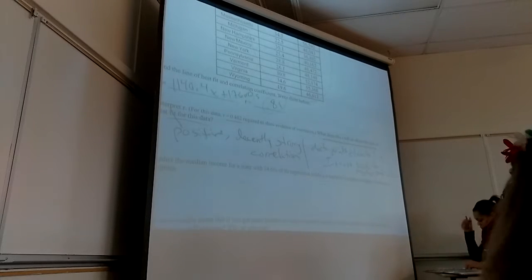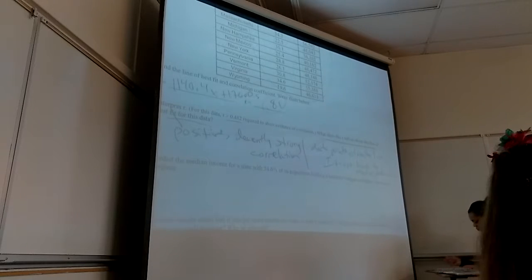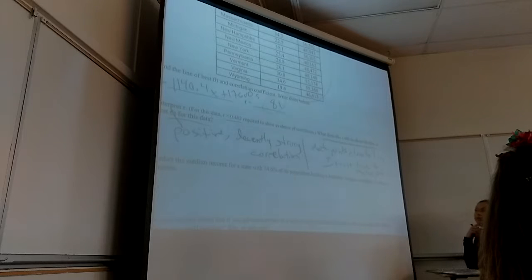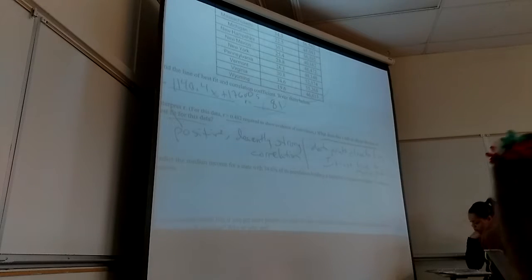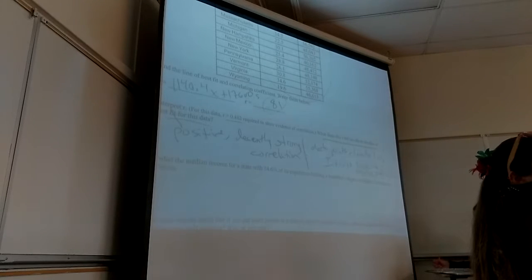But if R is bigger than 0.482, that means the line of best fit can refine that guess. I can use it to get a better guess. So if R is less than 0.482 in this problem, what would I predict for a state with 34.6? The average income. That's my best guess for anybody. But since R is bigger than 0.482, I'm going to use the line of best fit to give me a better guess. I like it, because that line follows the data close enough that I'm going to trust it to make predictions.